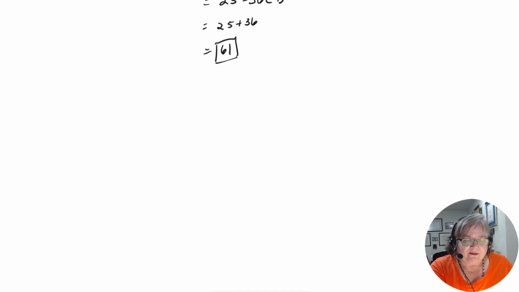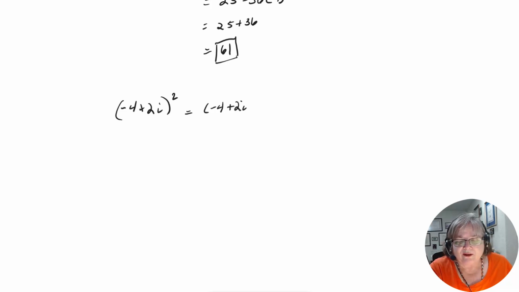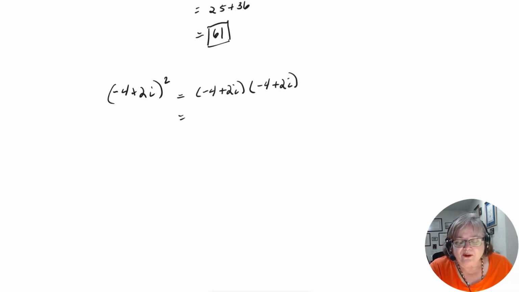All right. Now, if you have (negative 4 plus 2i) squared, remember this is a binomial square, so you cannot just square what's in there. You'll miss that middle term. So you would say negative 4 times negative 4 is 16. Negative 4 times plus 2i is negative 8i.